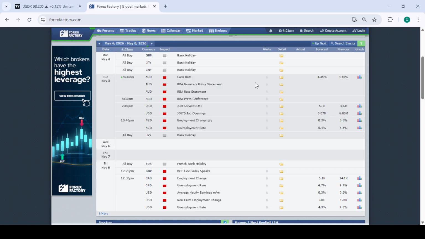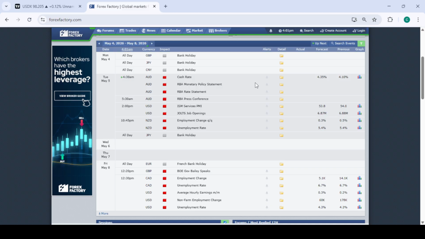We also have the ISM services PMI for the USD later in the day, and the job openings, and also we're going to have the NZD employment change or unemployment rate, more like the NFP for NZD, and there's going to be a Japanese yen bank holiday, also a bank holiday.